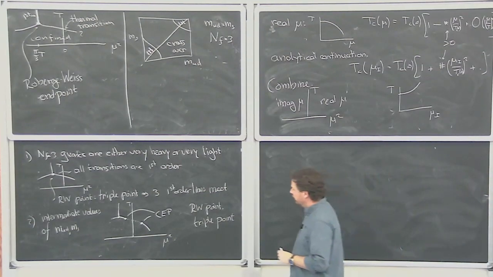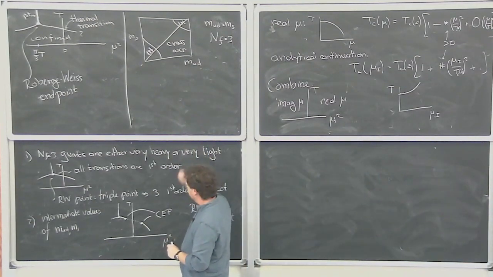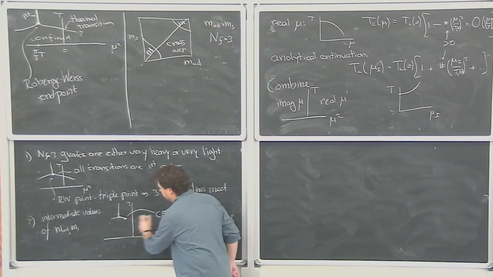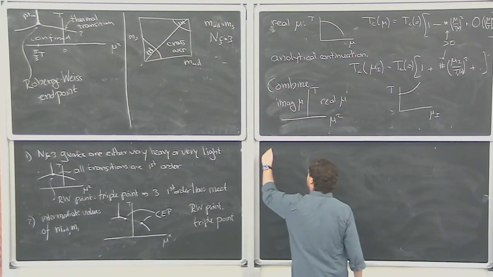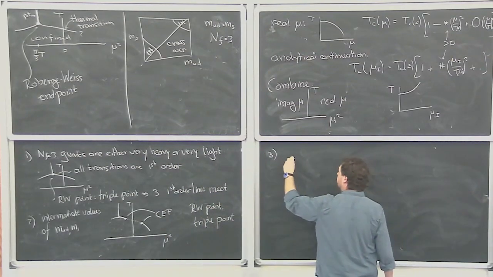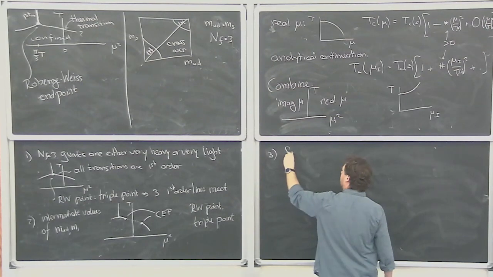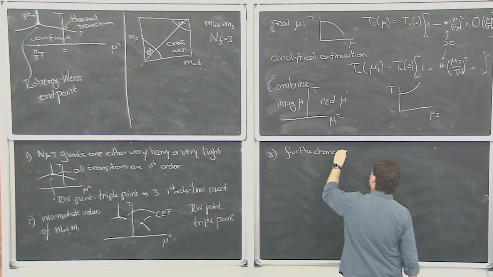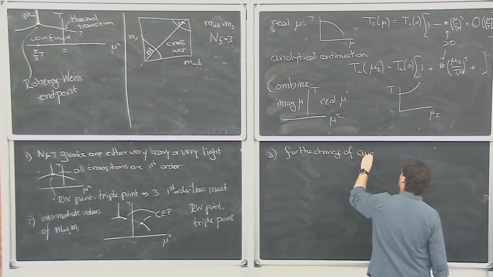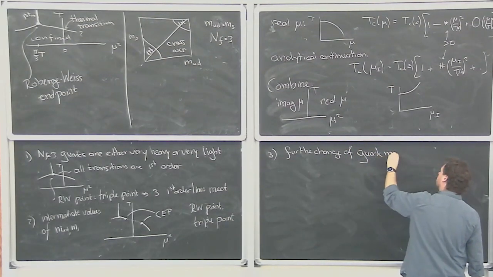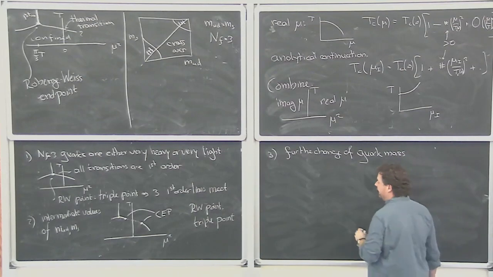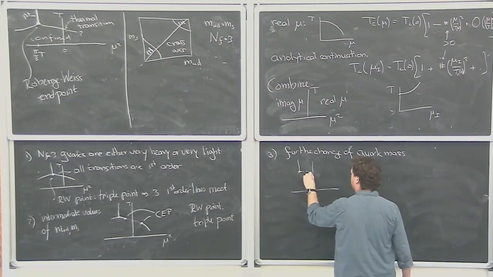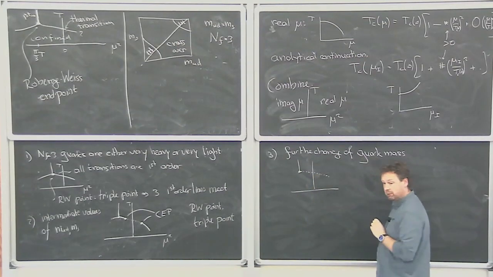And we can go further. We can reduce the quark mass or increase the quark mass still further so that this crossover region widens. So the third possibility is to further change the quark masses. And if I do that, I can end up with the following situation where the thermal transition is crossover all the way.